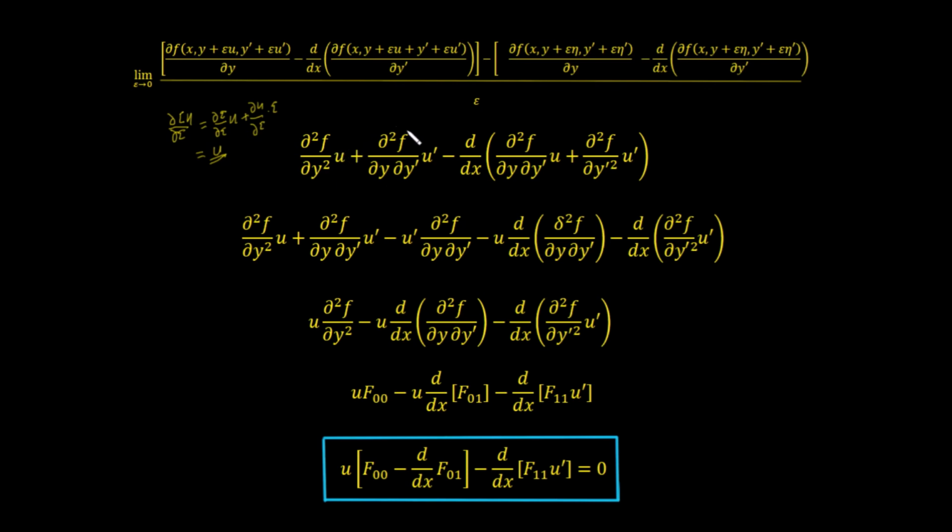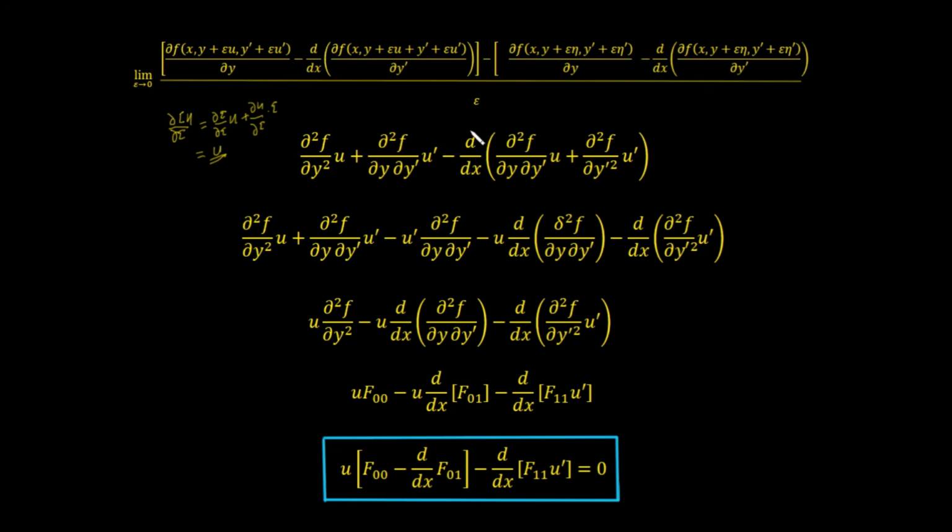Now the second one here, we're going to have partial squared f, and it's going to be the mixed derivative. We're going to have our partial y and our partial y derivative here. And again, whenever we do the differentiation here, it's the same as this. So we just end up with, in this case, the u derivative. And we've got the next term here, which is our d by dx.